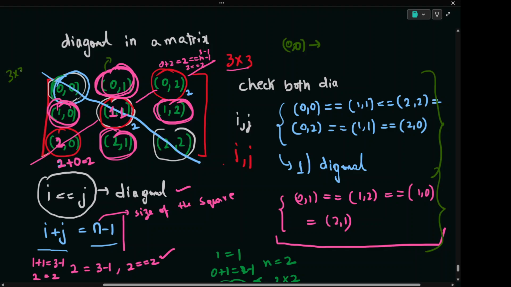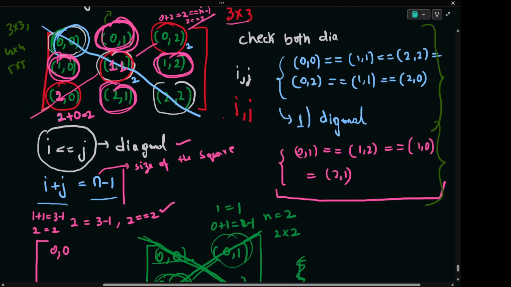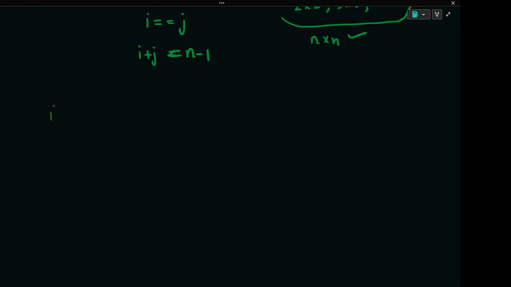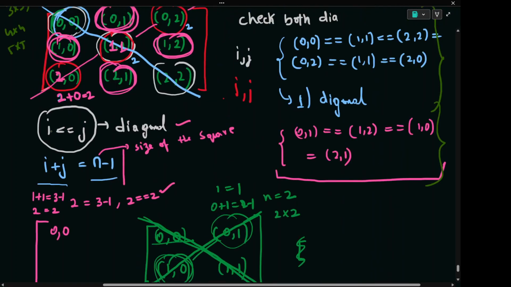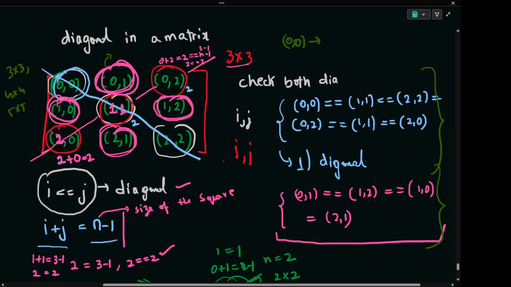It is not always 3 into 3. It could be 4 into 4, it could be 5 into 5. So how would I put it in code now? The first thing I would do is, for the first case, think logically in this way. Suppose I have to check if all elements in the diagonals are the same. Can I say that 0 comma 0 will be equivalent to 0 comma 1?